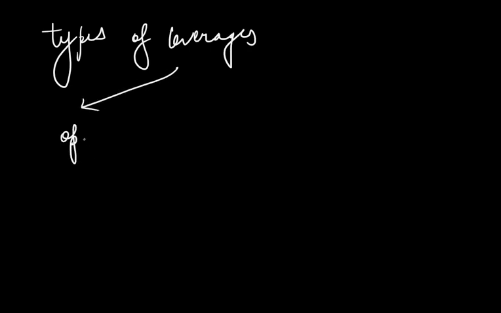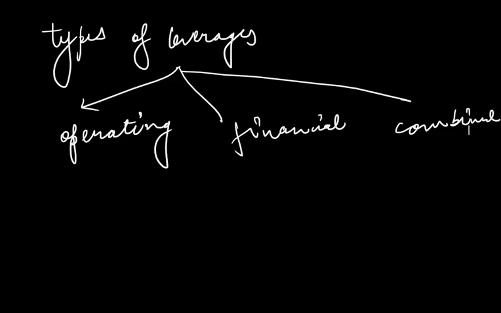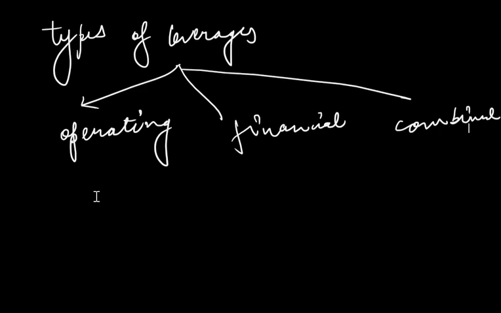First is operating leverage, then we have financial leverage, and the third one is the combination of both of these. It is called the combined leverage. Now let's discuss each of them separately.